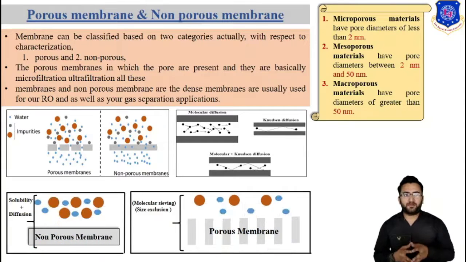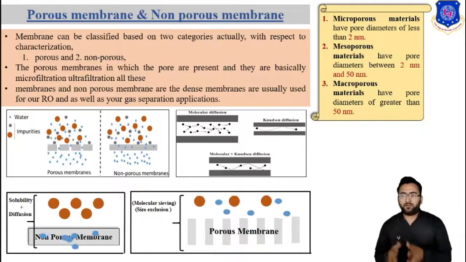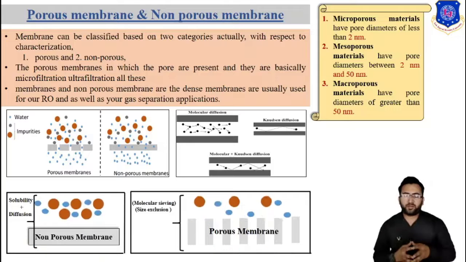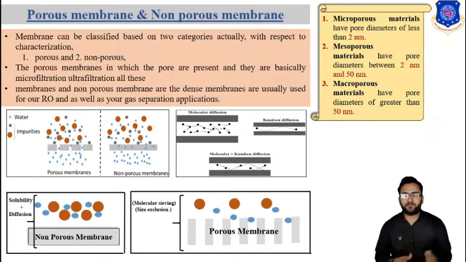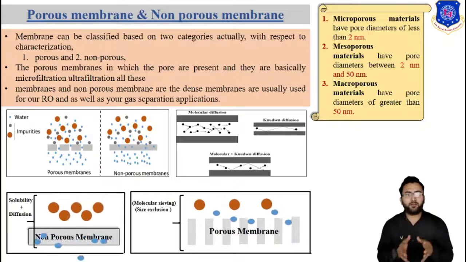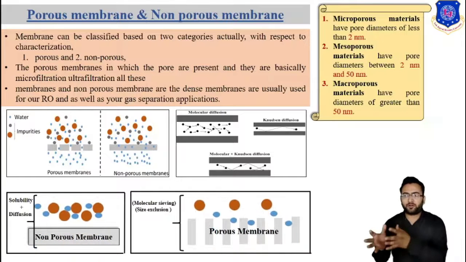First, the non-porous membrane, which is also called a dense membrane. They do not have any pores or distinct pores. The working mechanism is solution diffusion. In solution diffusion, two factors play a big role: one is the solubility and the second is the diffusivity of the solute that is going to be transported across the membrane.